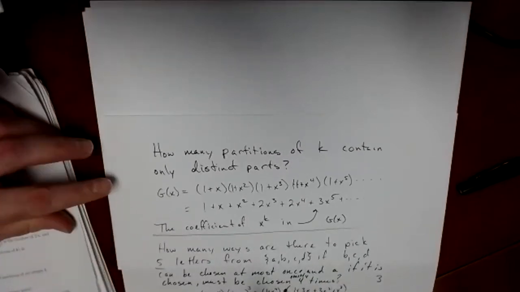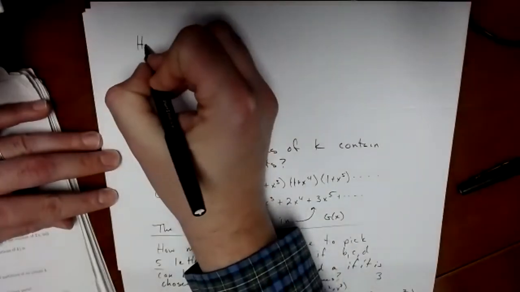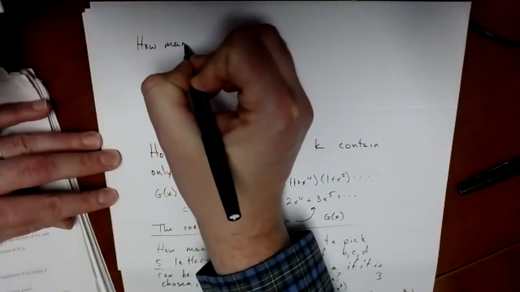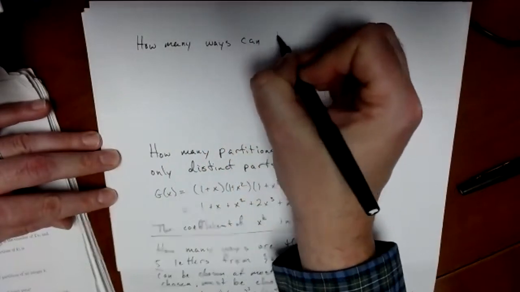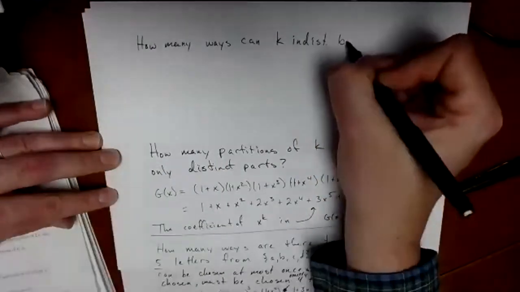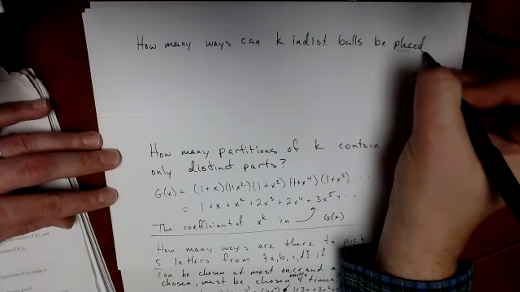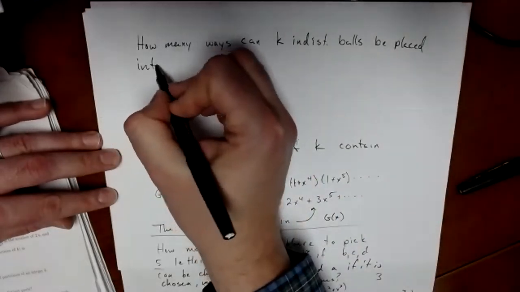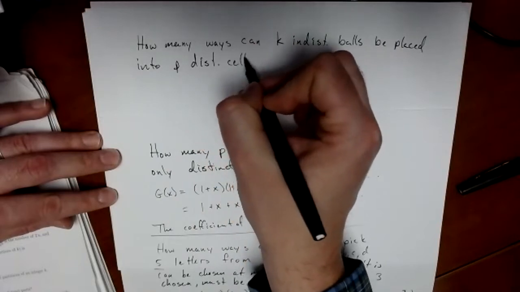Let's do one a little more general. How many ways can K indistinguishable balls be placed into P distinguishable cells?